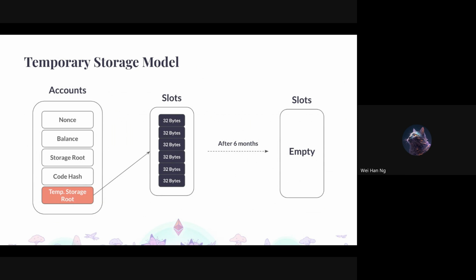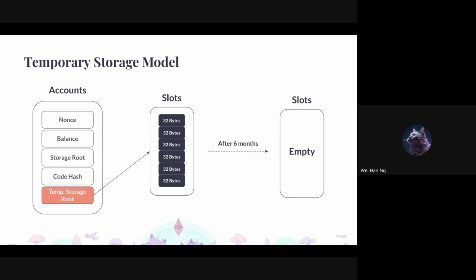Yeah. So the next idea that we had is something called a temporary storage model, because this is inspired by the fact that most of the storage only operates in a single block. So we wanted to see if we can introduce a temporary storage where it's basically the same as the so-called permanent storage, but on the protocol level, we state that, for example, after 6 months or after 1 year, all of the slots return to this temporary storage for all of the contracts.